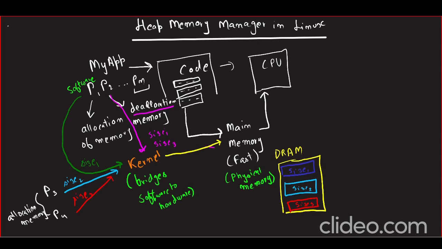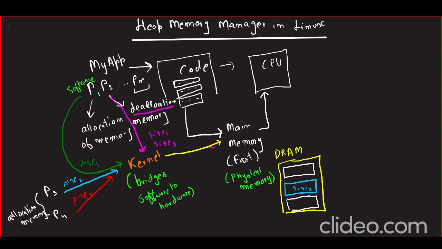For example, it just said okay to deallocate both the sizes. The kernel says okay, I can do it, goes to the main memory, and deallocates both the memories. Now this is an empty space.